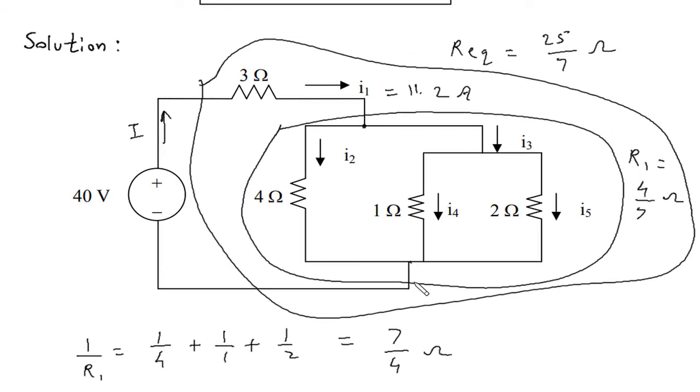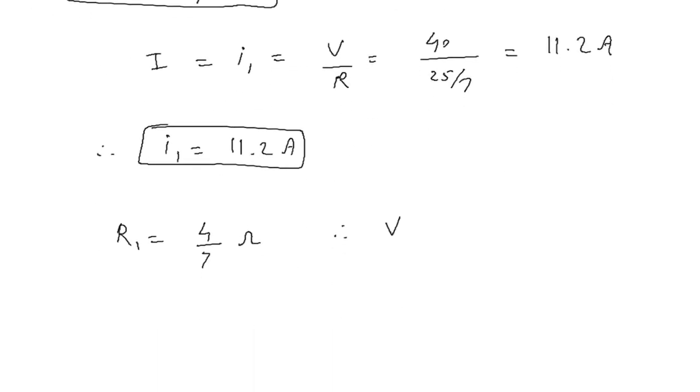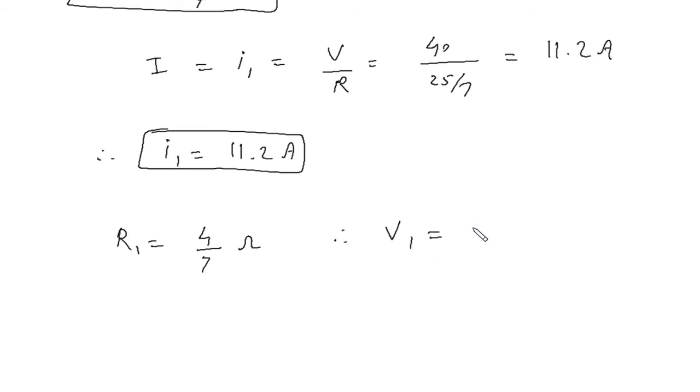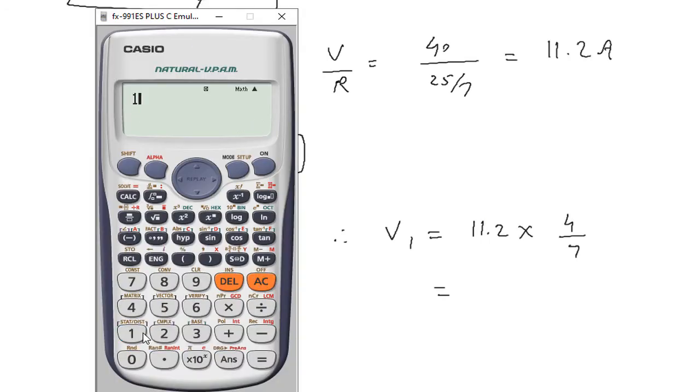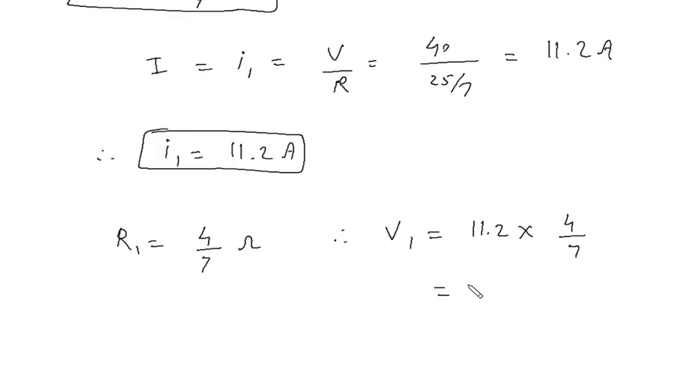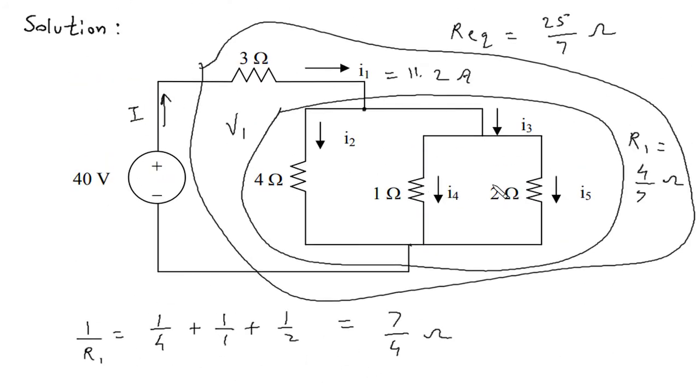Let us say the voltage across these resistances is V1. V1 is equal to I into R, so 11.2 into 4 by 7, which is 6.4 volts. 6.4 volts is the voltage across these three resistances.